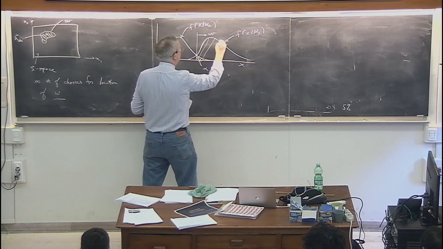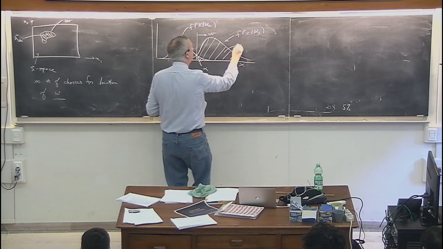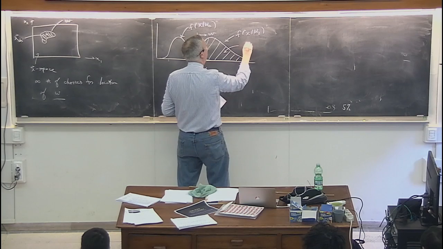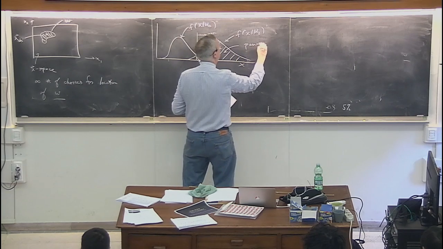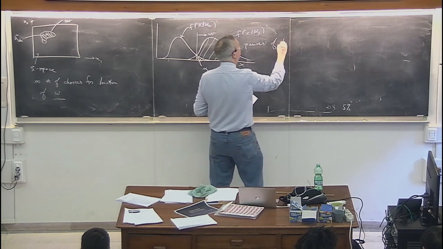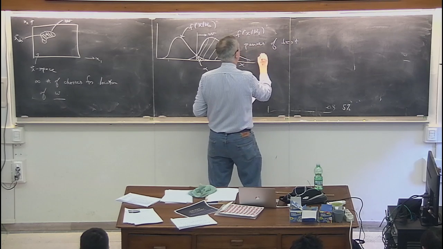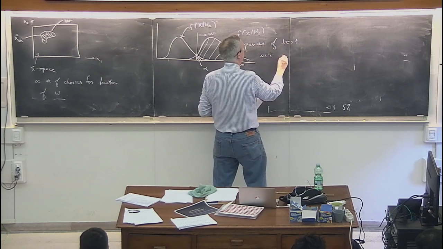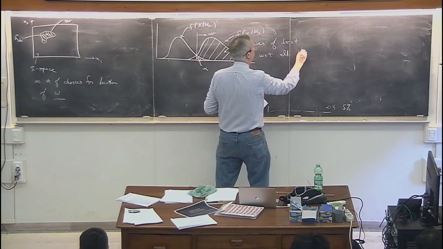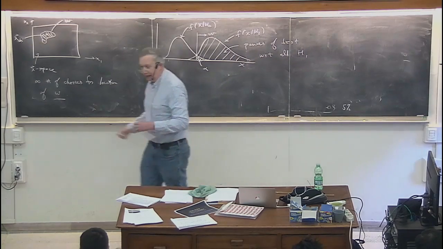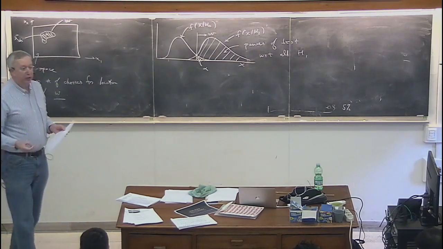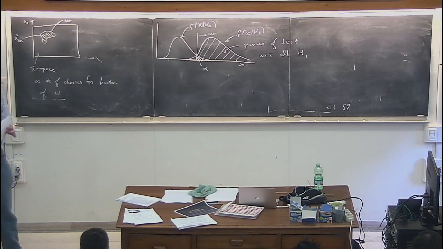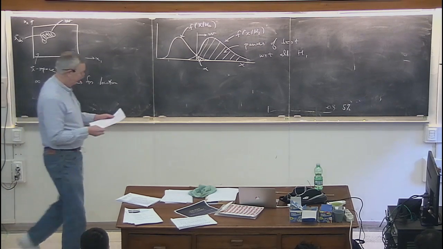And this area here is called the power of the test with respect to the alternative H1. If I had different alternatives, then that critical region would have different levels of power with respect to them.